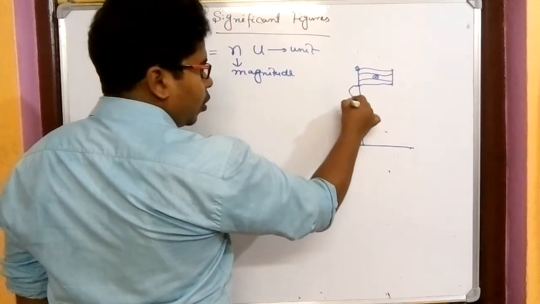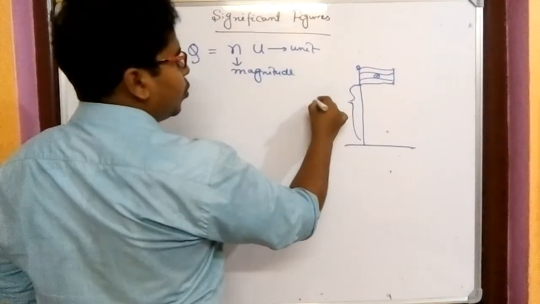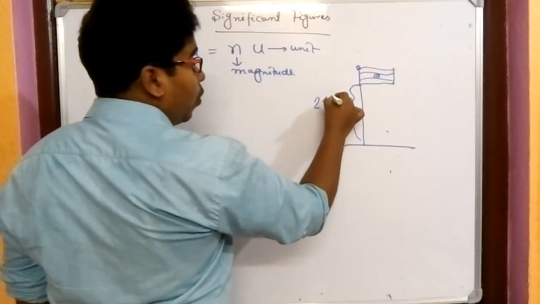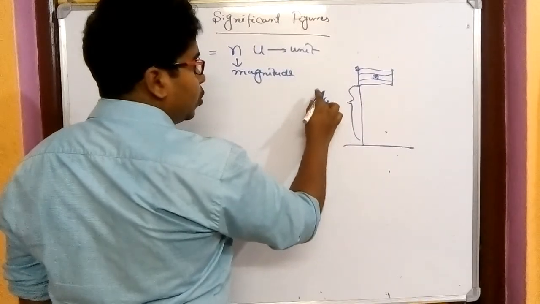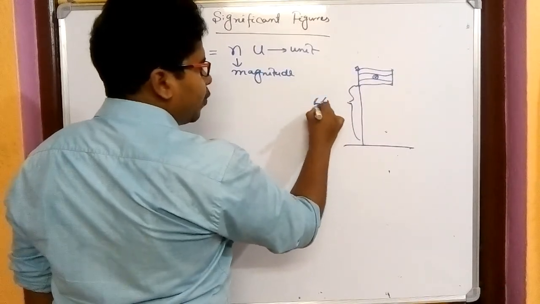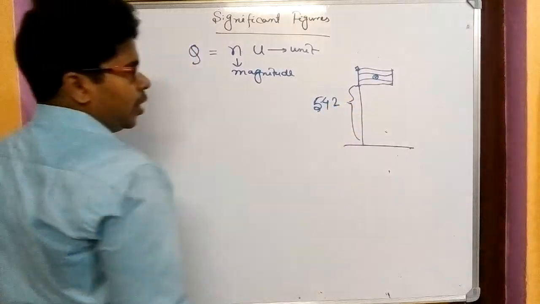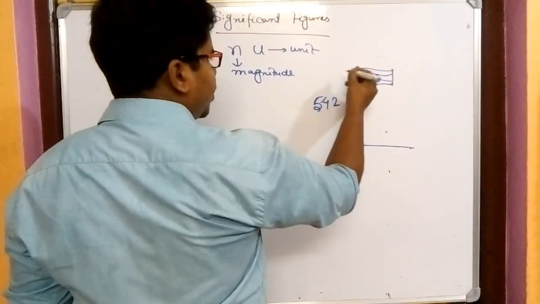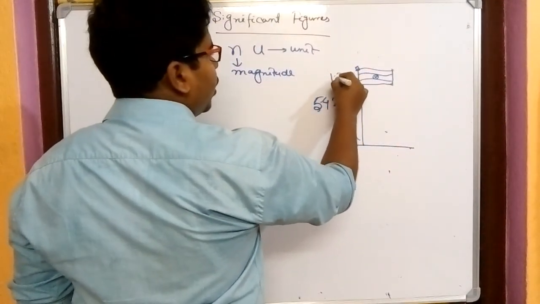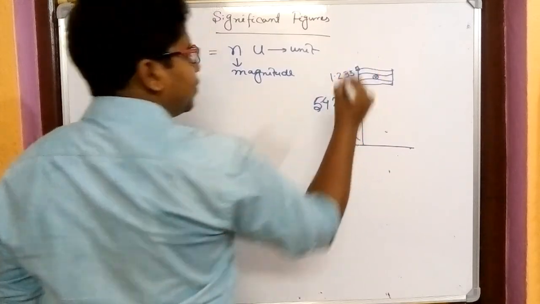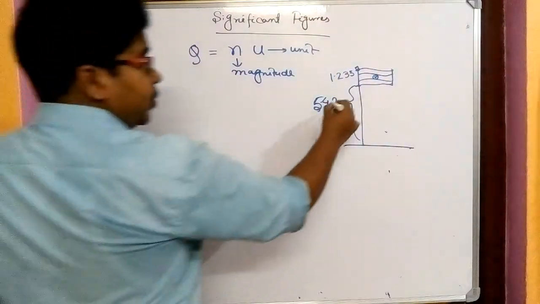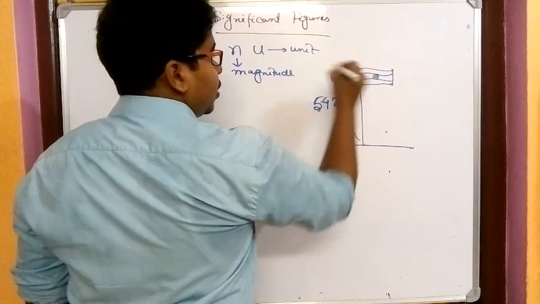So the length of the rod is given to you. Let's say it's 5.42, and the length of the stick, assume it is 1.235 meter. Definitely it will be meter.